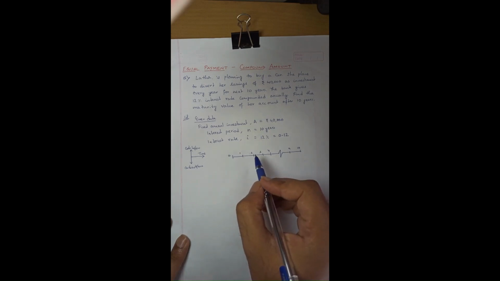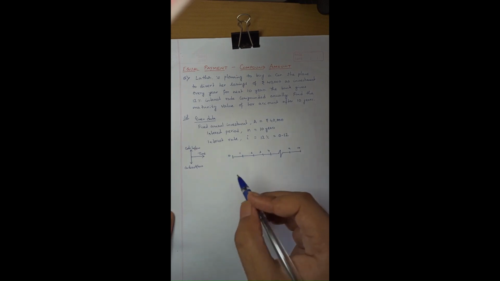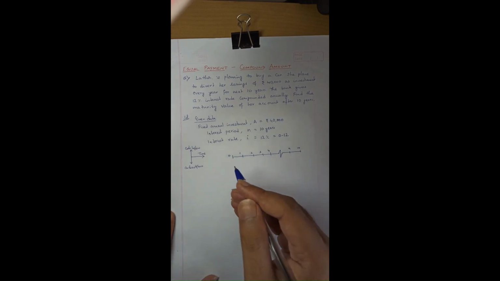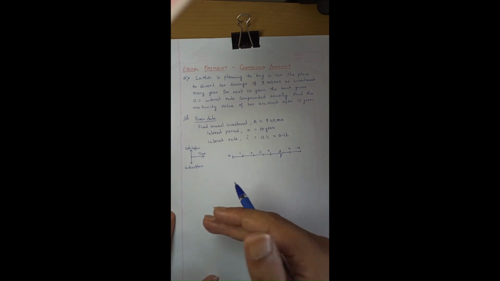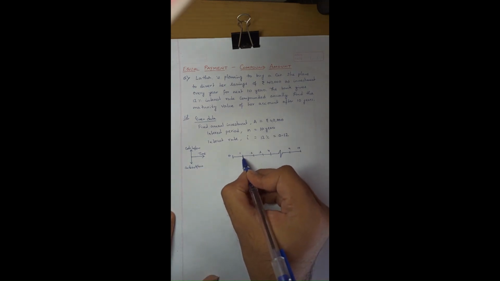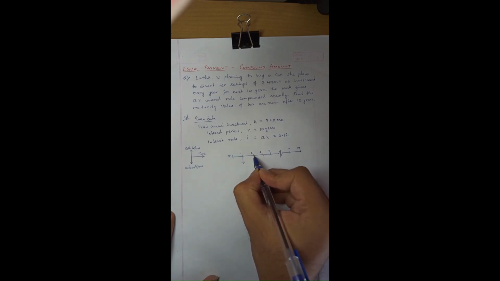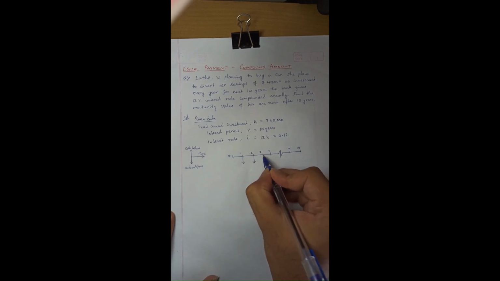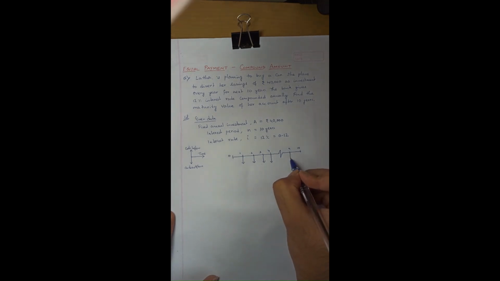Since Lata is diverting her savings, the money is going from her account to the bank account, therefore it is a cash outflow. So she is diverting a constant sum of 40,000 rupees every year up to 10 years. Even at the end of 10th year, she is going to invest.